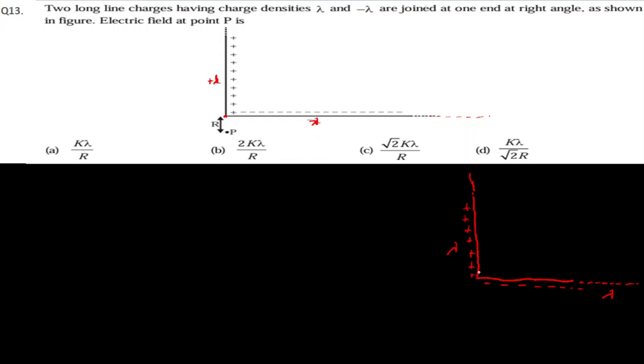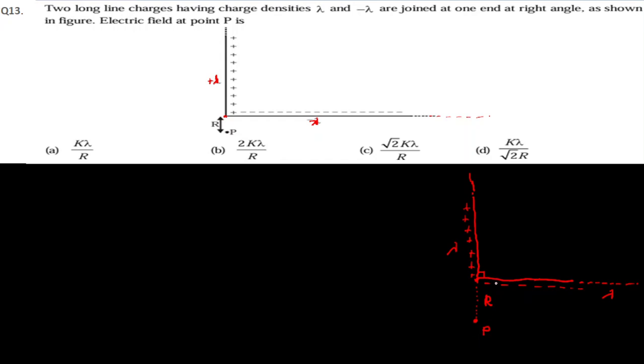The angle between these two is 90 degrees, and we have to calculate the electric field at this point P, where the distance of P from the intersection of these two lines is R.